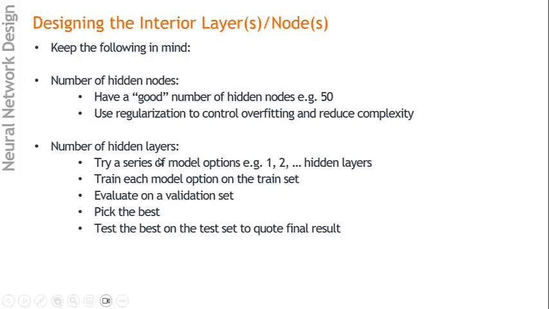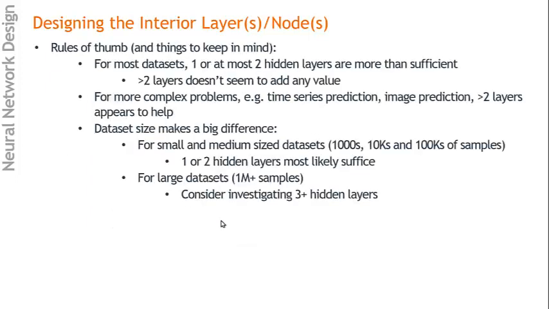You compare the performance, you train each model on the training set, you evaluate on a validation set and pick the best. This is just the standard procedure for comparing different machine learning algorithms. And indeed, you can compare neural networks with other machine learning algorithms in the same way.